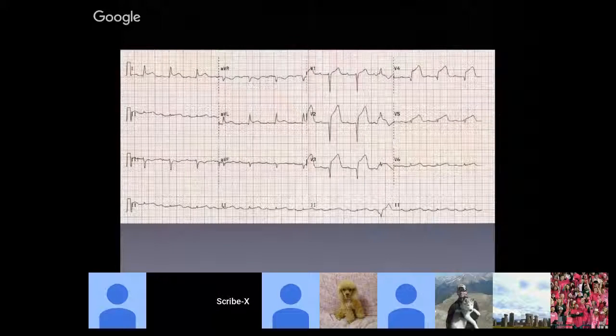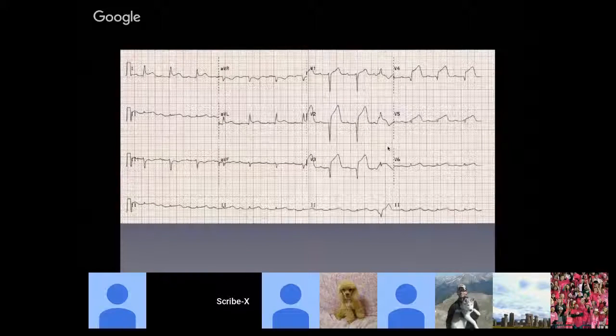And here's another example of an ST elevation MI. In this case, it's not the inferior leads. There's no ST elevation here. You could argue that there's just a skosh of ST depression in lead 3 here. But there's ST elevation in leads V2, V3, V4, all the way to V5.